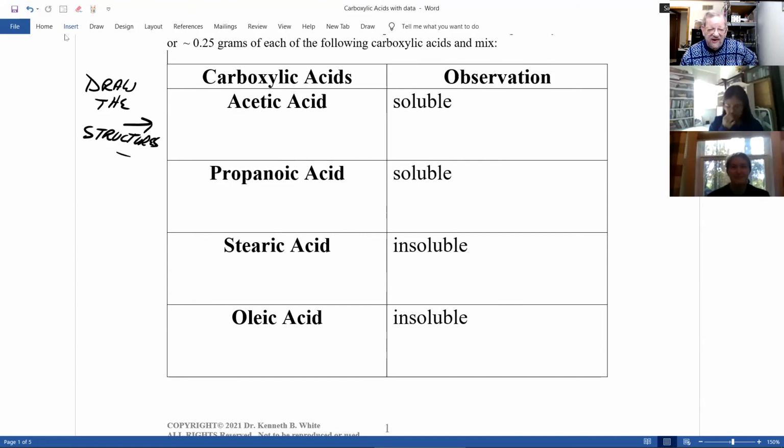Now, we have acetic acid, propanoic acid, stearic acid, and oleic acid. Ooh, what are those? Well, use Google and you can find out, but I'll tell you their R is very long in stearic and oleic. And if you notice, I've already given you the results. We've done this enough times, I've watched it, and I also set it up, that the first 2 are soluble and the last 2 are not. And that's the first experiment.